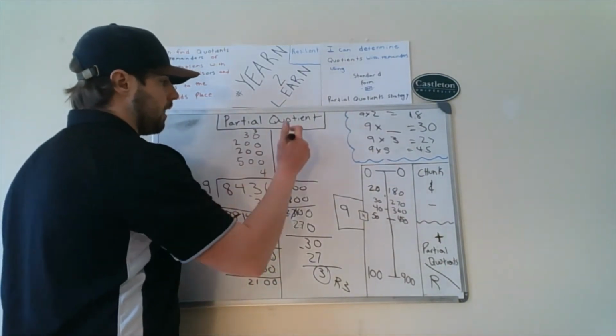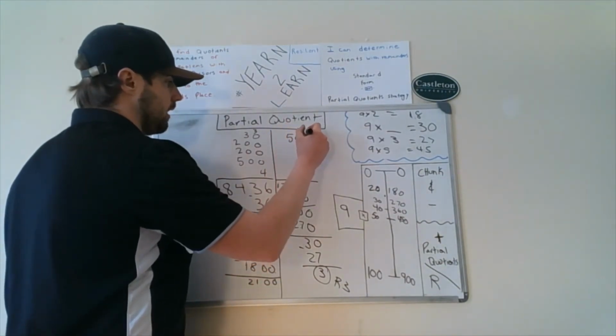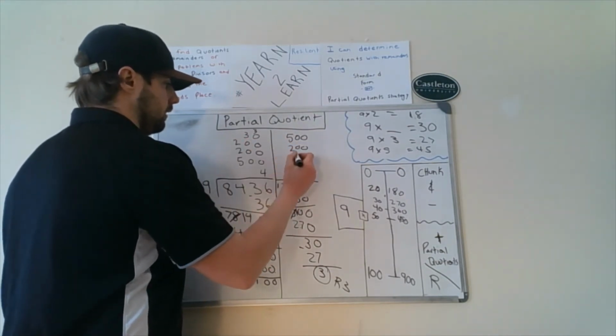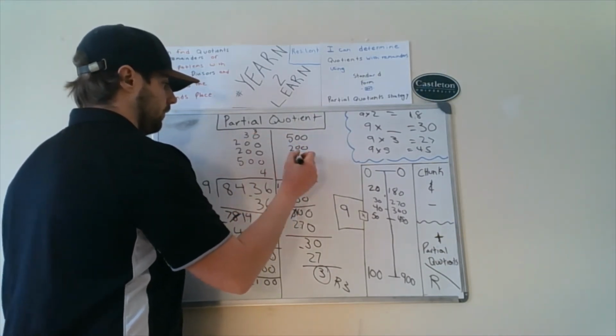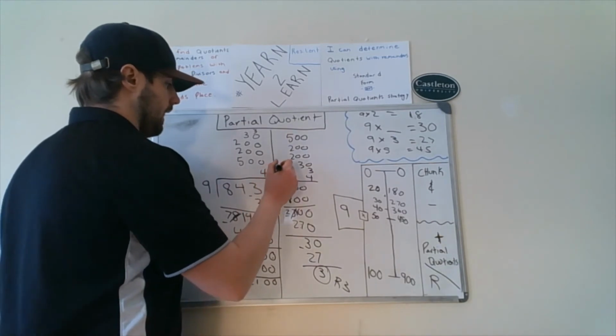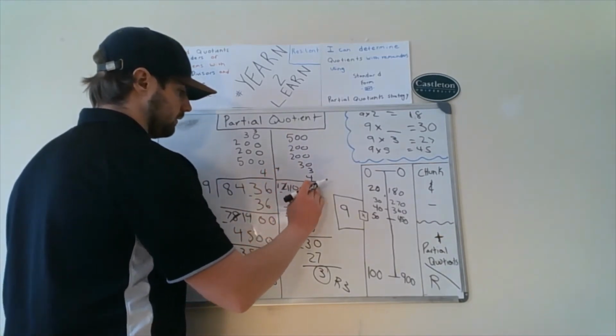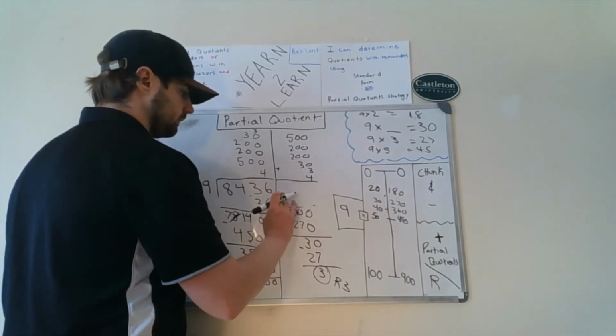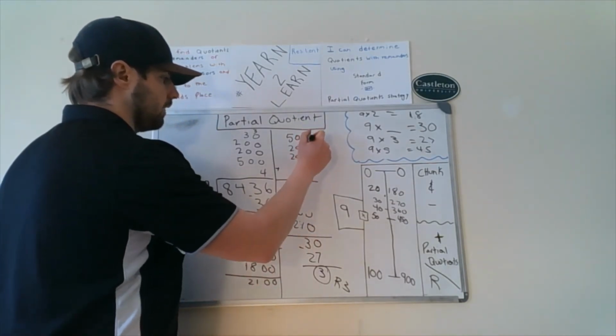When I'm adding, I want to start with big numbers first. 500, 200, 200, 30, 3, and 4. Add them all together. Again, running out of space. Going to erase some of my work here.